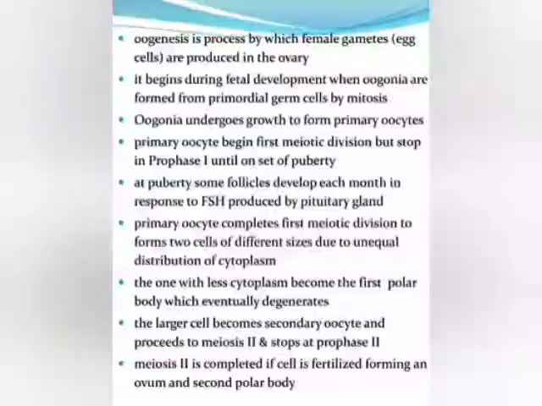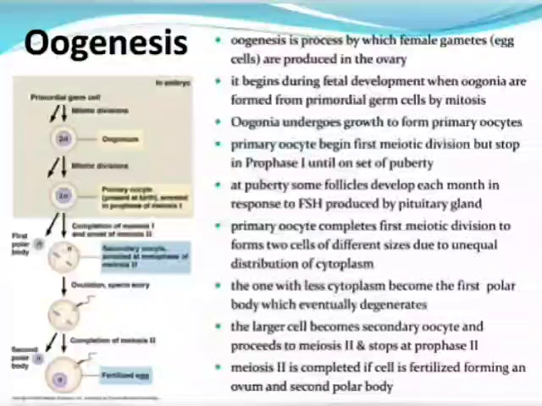So to sum it up, we can say that oogenesis is a process by which female gametes are produced in the ovary. It begins during fetal development, when oogonia are formed from primordial germ cells by mitosis. Then these oogonia will form primary oocytes.